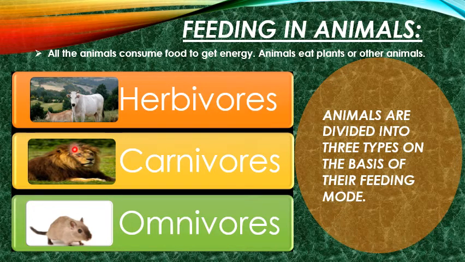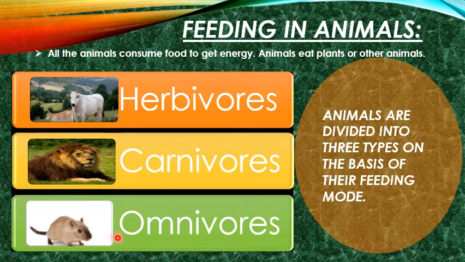But apart from these two, there is another type of animals, and that is omnivores. Omnivores are those animals that feed on both. They can be carnivorous, they can be herbivorous. It means they can eat plants, they can eat flesh as well.